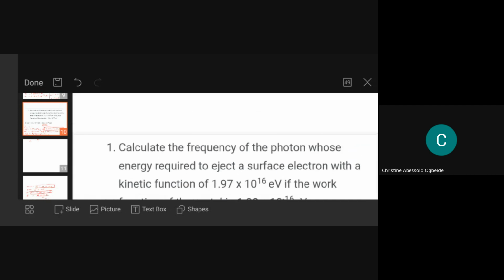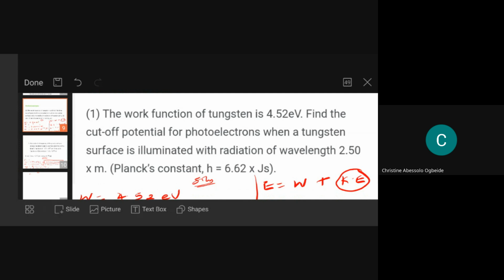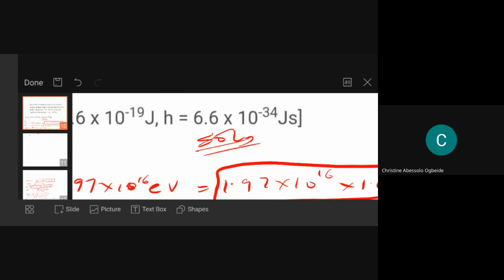The work function was given to us as 4.52 electron volts. I'm sorry for the continuous moving of my screen. So 4.52 electron volts, that's the first thing given to us there.